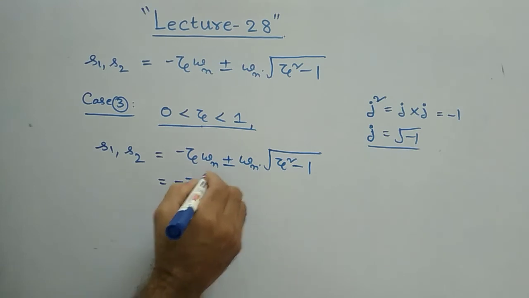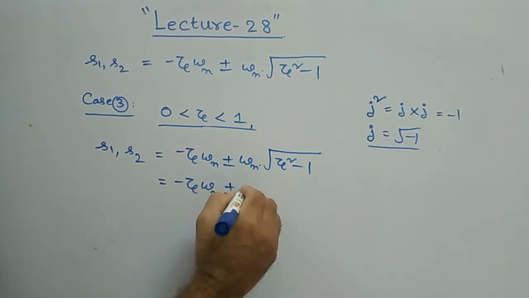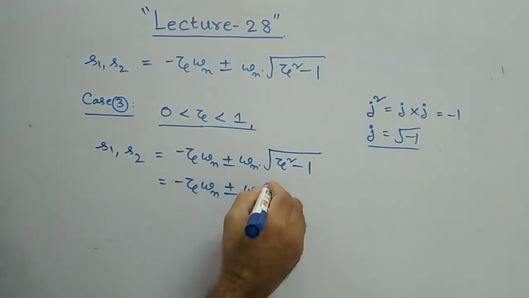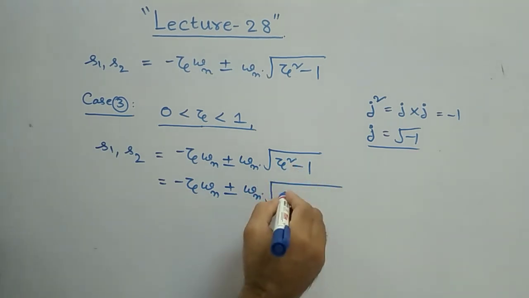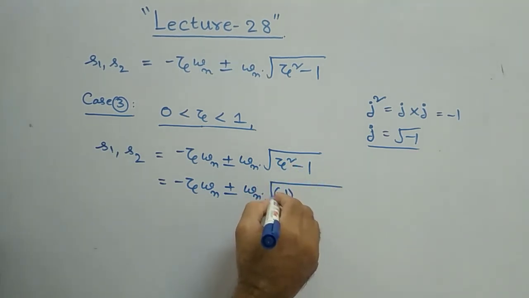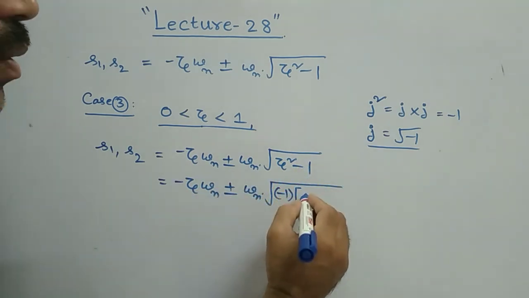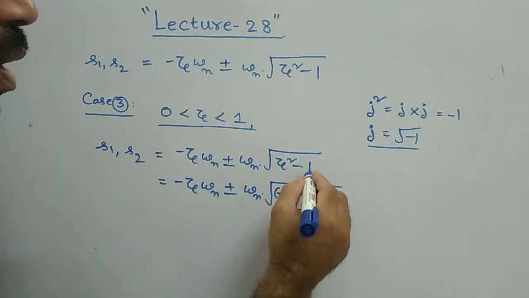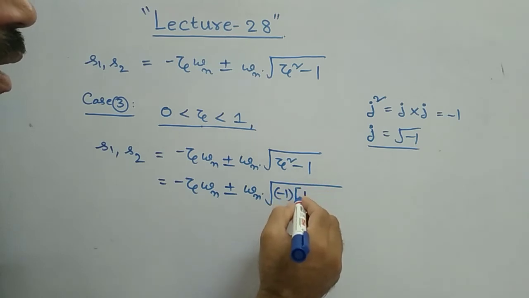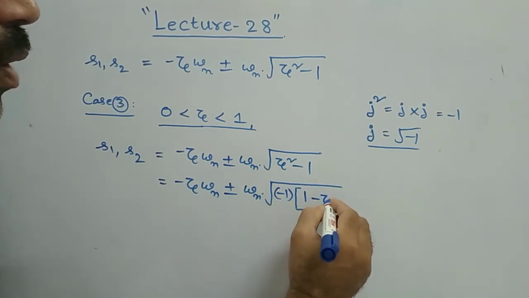Minus zeta omega n, let it be, plus or minus omega n. And here, in the bracket, I will take minus 1 as common. Then 1 will come first, then minus zeta square you can write.